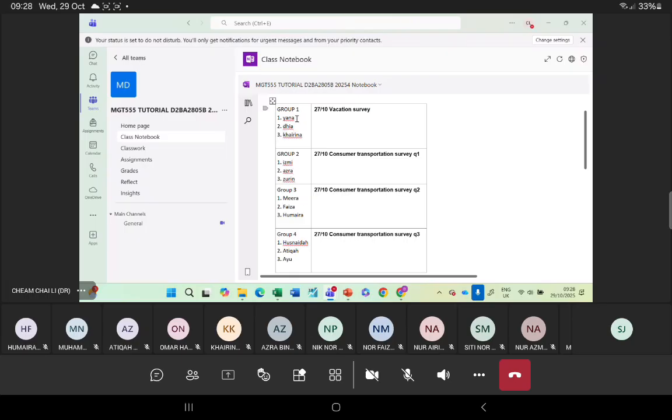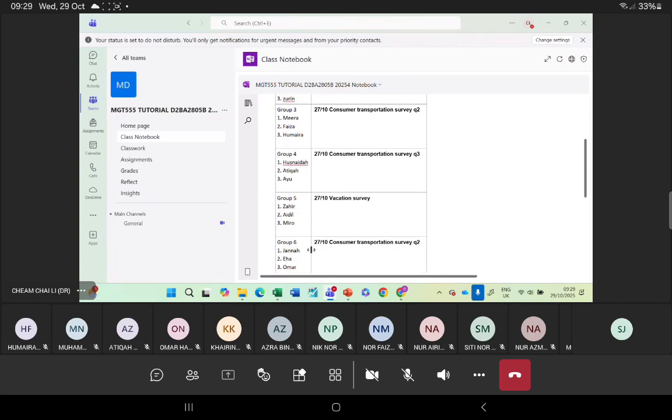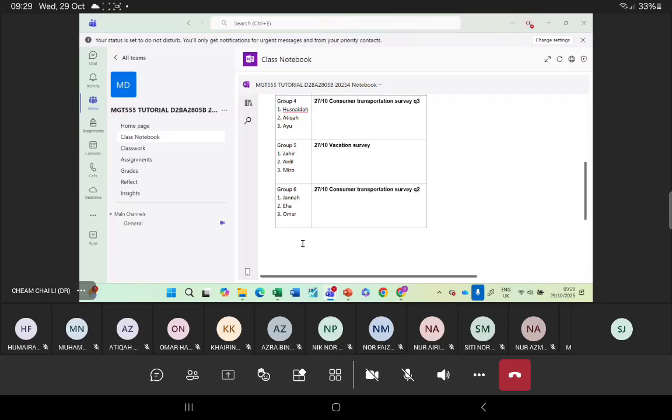Kalau you rasa number 1 you don't want to be group leader, you need to write in brackets siapa jadi leader. Kalau tak ada, I assume the first name here is the group leader. So for example, we assume that Yana, Mira, Husmaida, Zakir, Jana are the group leaders.